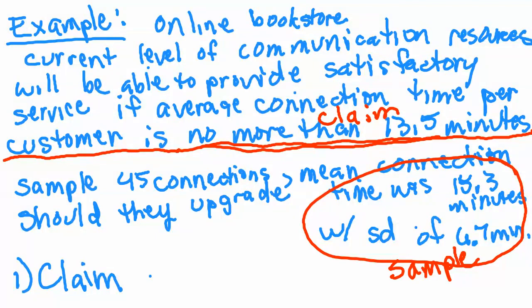So then we have to understand in math language, what is no more than? No more than 13.5 minutes. So that means you can't have 14 minutes, you can't have 16 minutes, you can't have anything more than 13.5. But it could be 13.5, so no more than is less than or equal to 13.5.